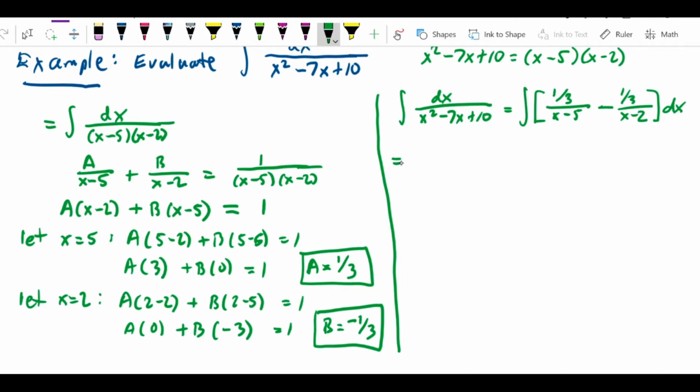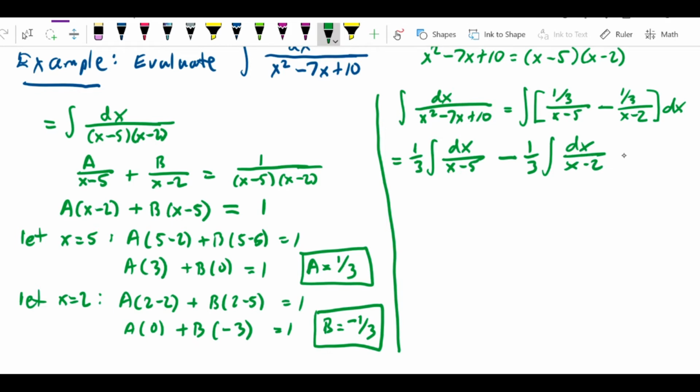We know that we can break this up by the linearity rule. So that's going to be 1/3 integral of dx over x minus 5, and then minus 1/3 integral of dx over x minus 2.